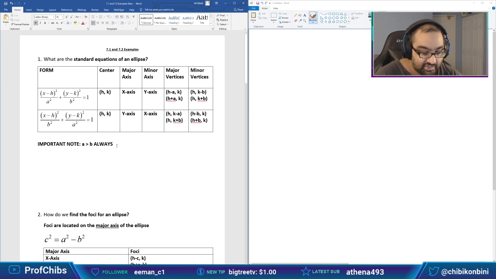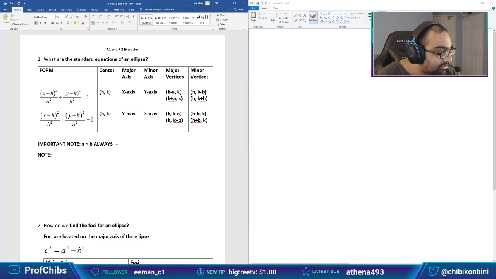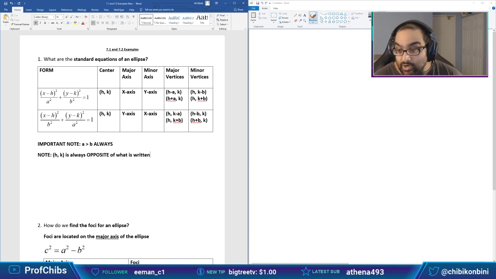Note, the center (h, k) is always opposite of what is written. So don't fall into the trap about h comma k, where you see minus h and minus k and just assume that's it. Nope, it's always the opposite of what is written.